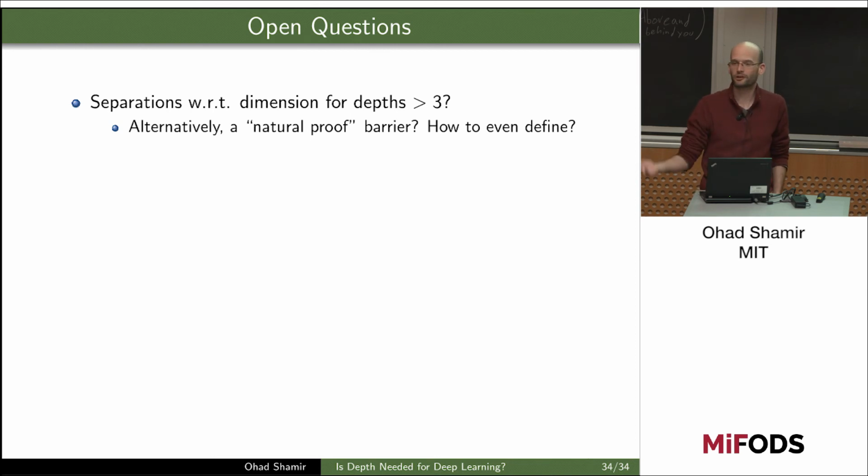But here, these are not Boolean functions. These are real-valued functions. I'm not even sure how to define the necessary framework in order to show this kind of result here. But anyway, showing a barrier for these neural networks, I think, would be a very interesting result.